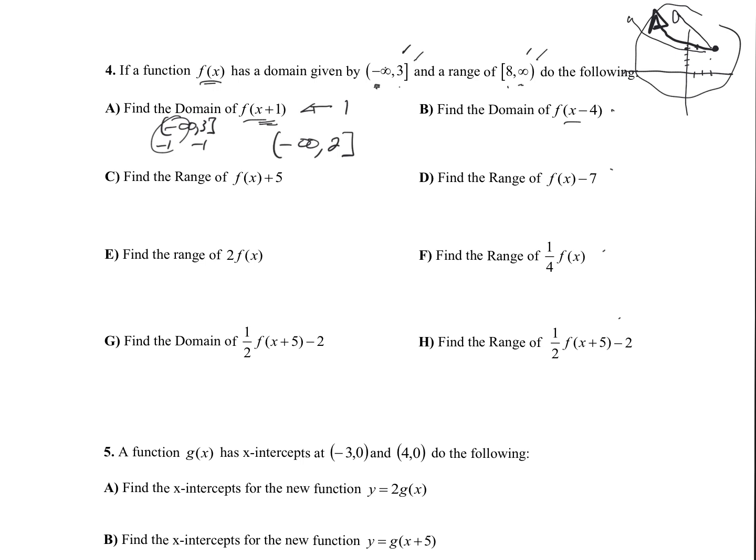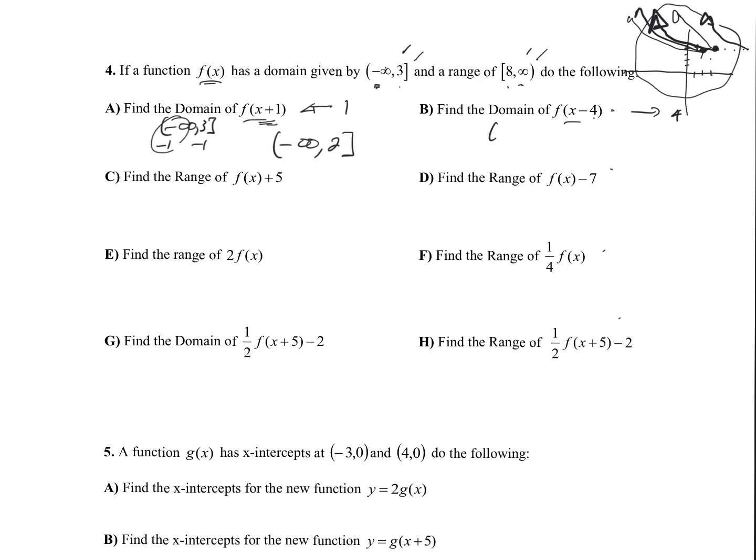Of course, you can get that feel from the picture. Here's the original function. If I shift it to the left, it'll start 1 unit to the left, and it'll just continue to move forward. In the next one, we have x minus 4. Well, this means we're actually shifting the graph to the right 4 units. So again, that would mean we'd go over 1, 2, 3, 4, and the graph would be over here, right?